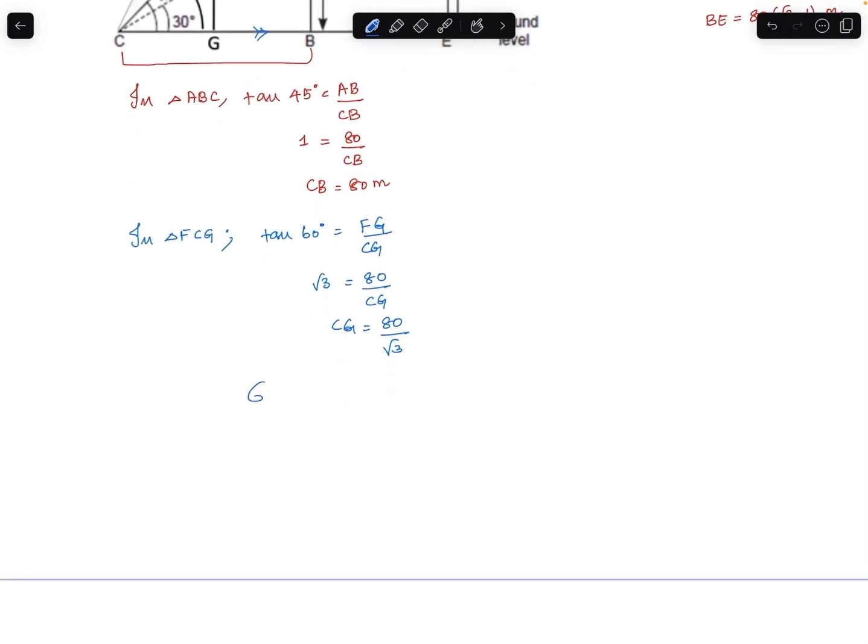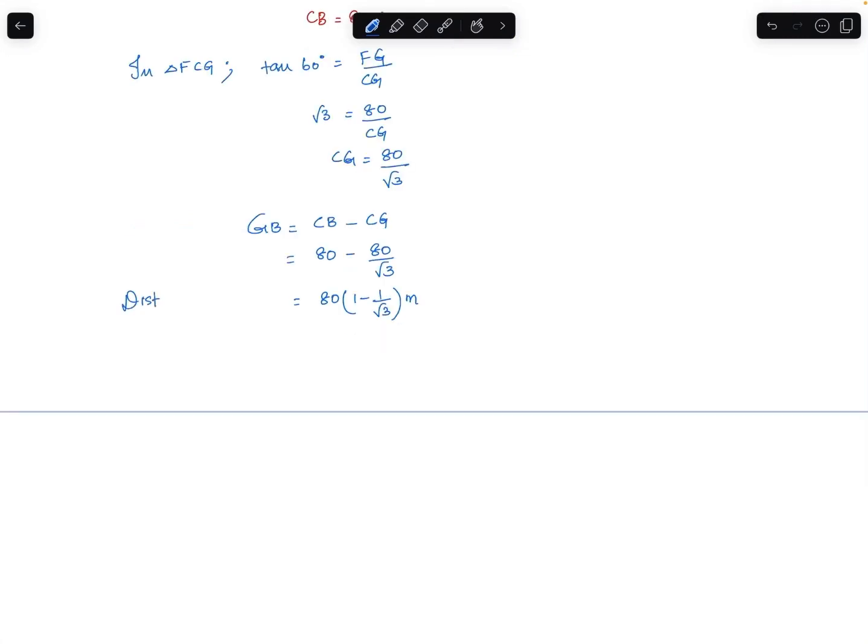To get GB, we have to subtract CG from CB. CB is 80 and CG is 80 upon root 3. 80 times 1 minus 1 by root 3 meters. This is the distance traveled by the ball after hitting the tree.